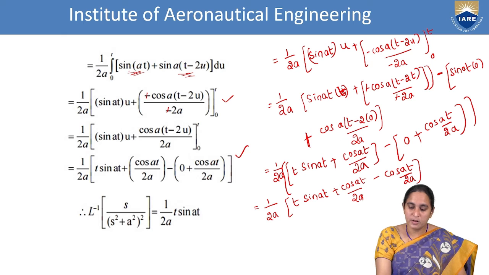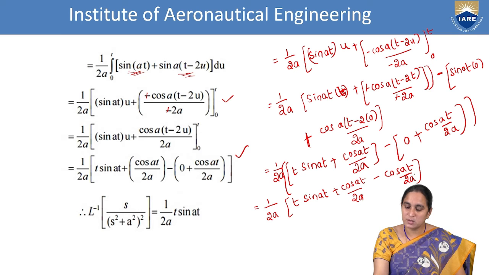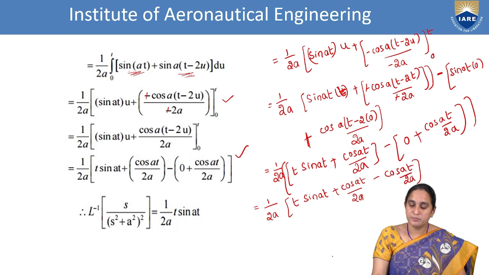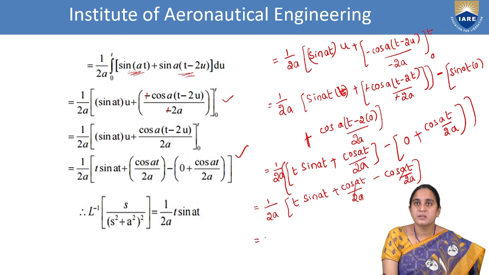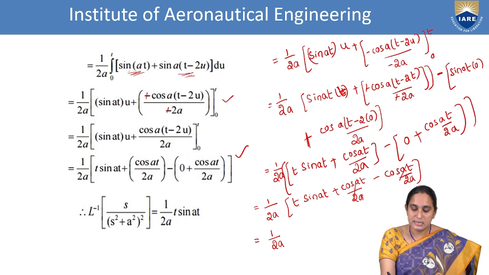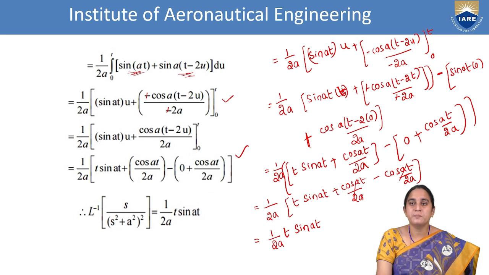Then 1 by 2a into t sin at plus cos at by 2a minus cos at by 2a. Therefore, these two are cancelled. Therefore, the final answer is 1 by 2a into t sin at.